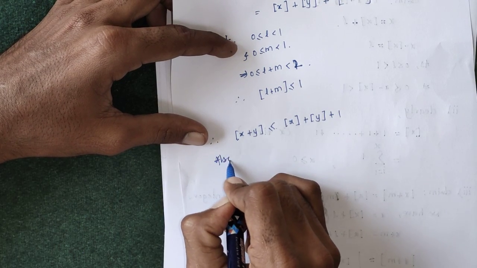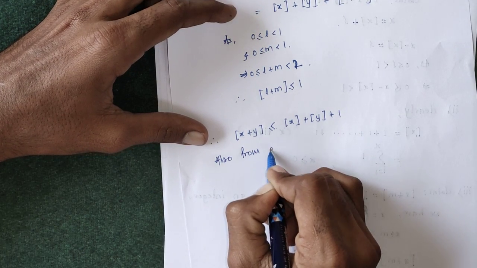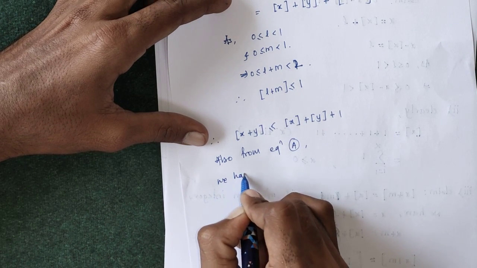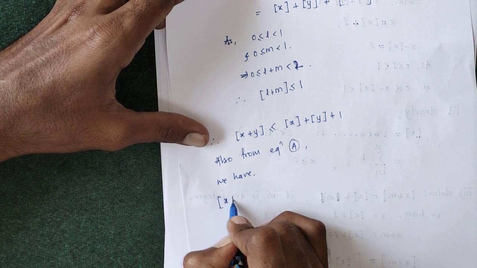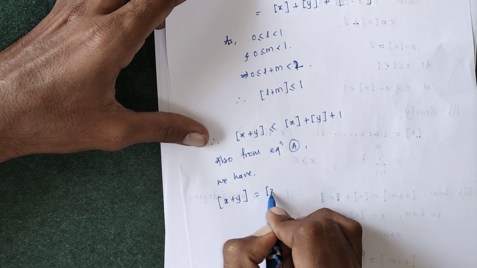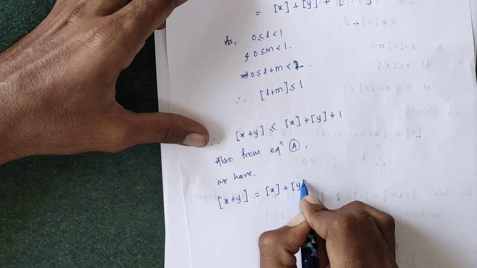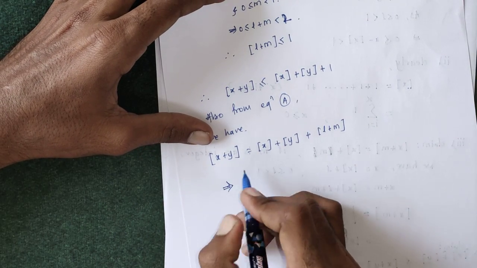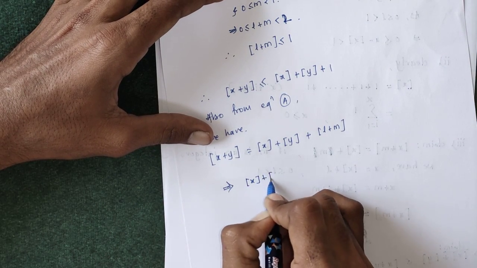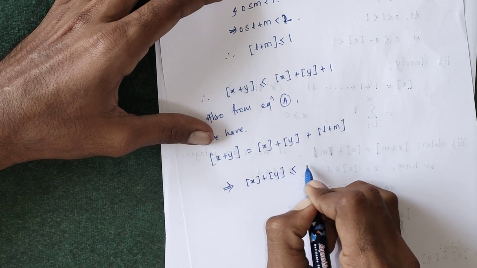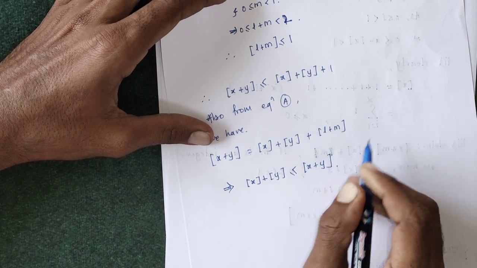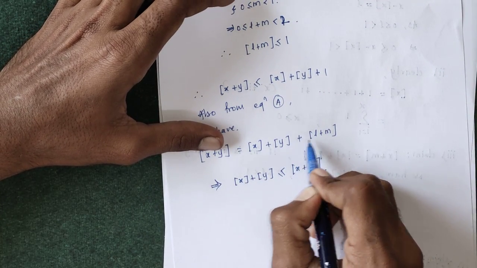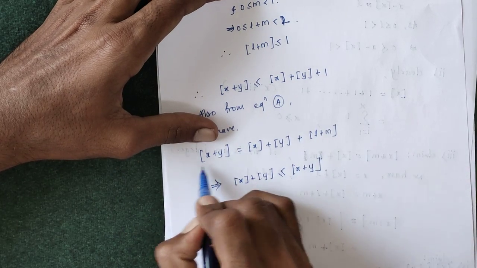Also, from equation A we have the integral part of x plus y is equal to the integral part of x plus the integral part of y plus the integral part of L plus m. This will give the integral part of x plus the integral part of y is less than or equal to the integral part of x plus y, since we have to add something, that is, the integral part of L plus m, to get the integral part of x plus y.